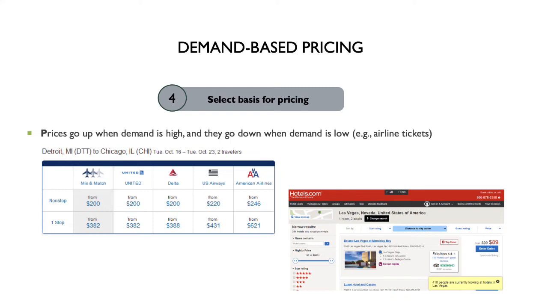So if I would have shopped around, I would have noticed that the prices for this weekend may have been a lot more expensive than last weekend because there's more people traveling. So the market is bearing a higher price.